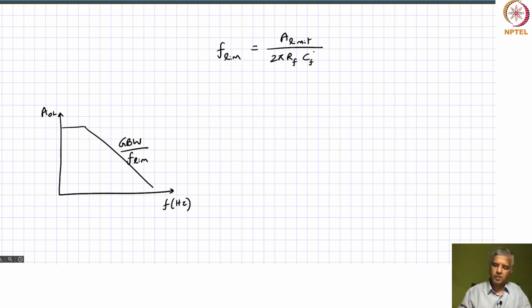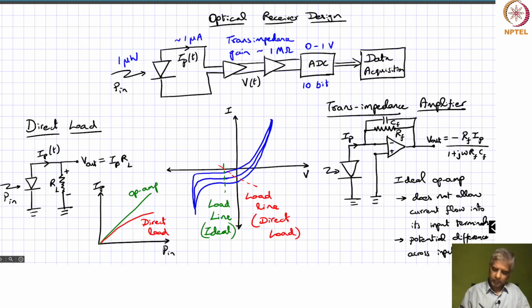But you could also have other terms. You could have a term corresponding to the diode itself, right? If you just go back and look at this capacitance across the photodiode, that's actually in parallel to CF. And also there is a capacitance corresponding to the input of the op amp. So that is also parallel to CF.